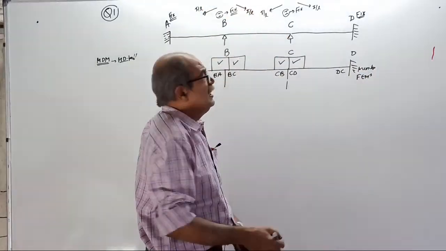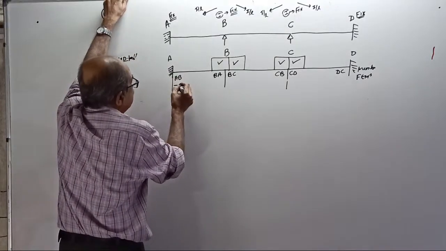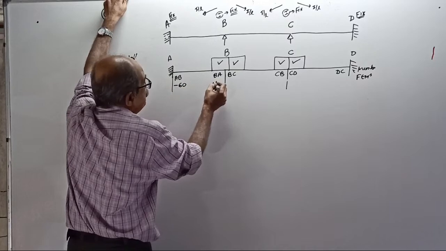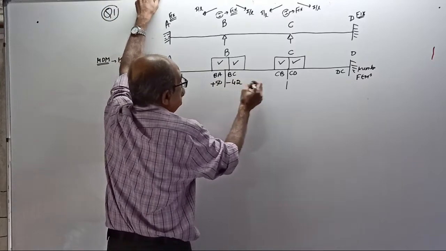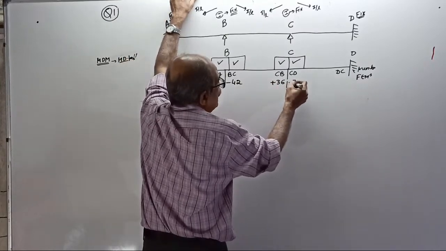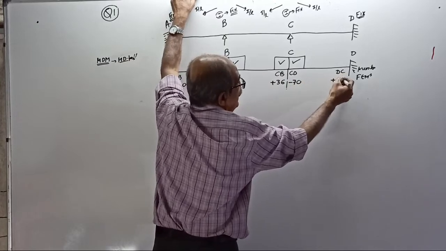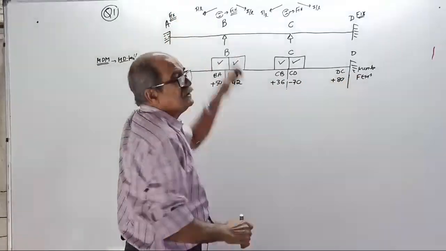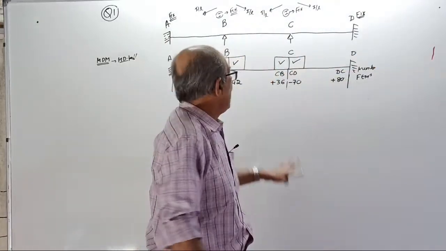Whatever FPM you got, I will enter the FPMs here randomly: minus 60, plus 50, minus 40, 42, plus 36, minus 70, plus 80. Randomly written. Somebody will ask, sir, how did you get it? You calculate and enter the values.